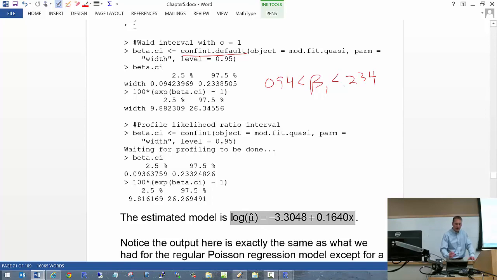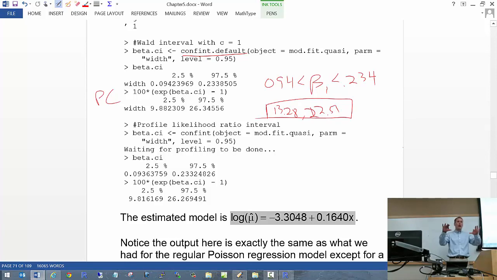I can then use that to find my PC. Remember that from chapter 4, my percentage change. 9.88 to 26.35. Previously, my profile likelihood ratio interval for the PC was, this is on page 573, 13.28 to 22.51.